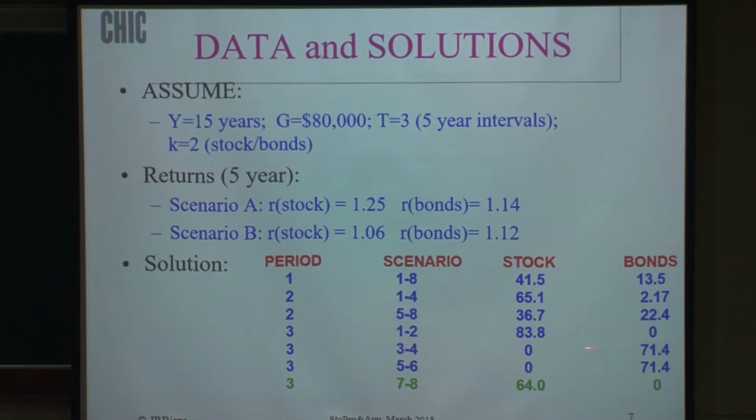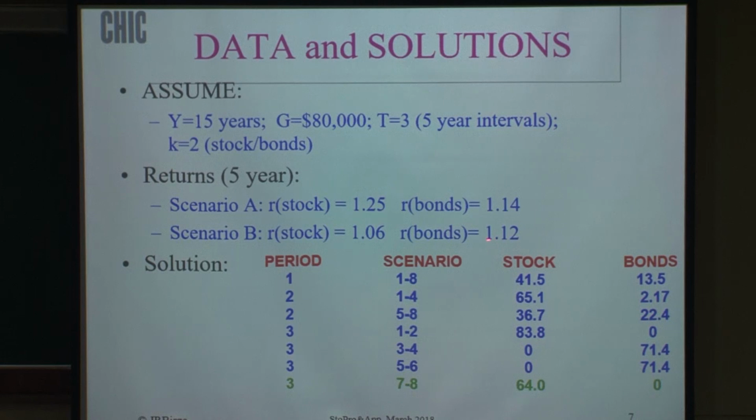In the case where I'm somewhat in between, I'm uncertain as to whether I'll be able to meet my goal. But you can see I'm more likely to be able to meet the goal all the time if I sort of act conservatively.